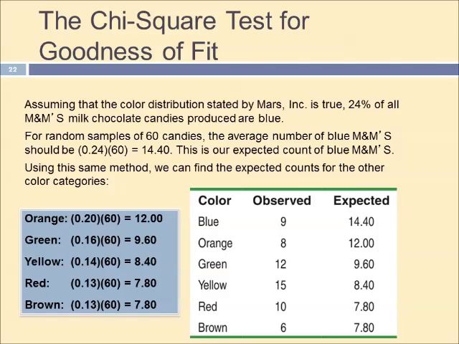In table form, we have these distributions of observed and expected. So we can tell almost immediately that the number of blue in expected and observed is quite different. The same would probably go for the yellow. But we want to look at it overall.